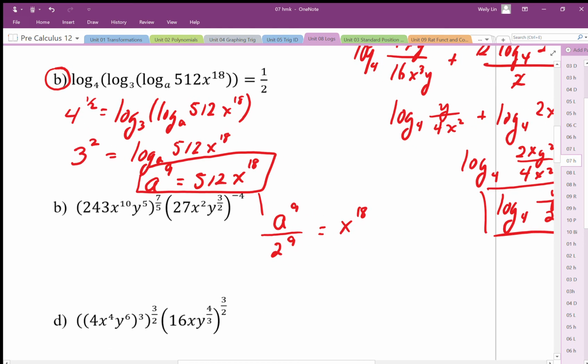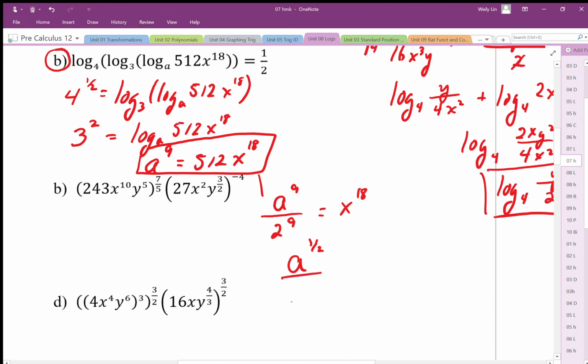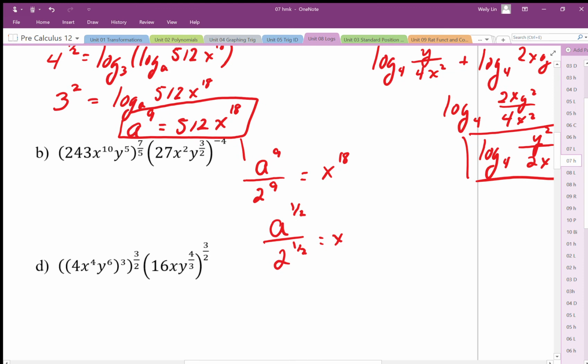So if I want to take the 18th root of this, the 18th root is a power of 1/18, so 9 times 1/18 becomes power 1/2, and then this becomes the same power, and I've solved for x. Okay, so I'll just simplify that. It's the square root of a over 2. So we could actually solve for x once we get rid of the logs in this case.